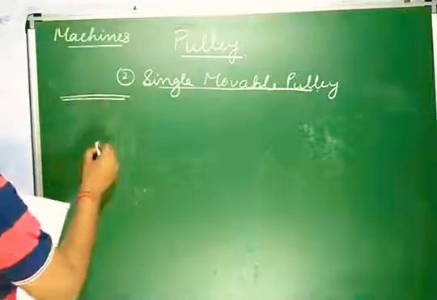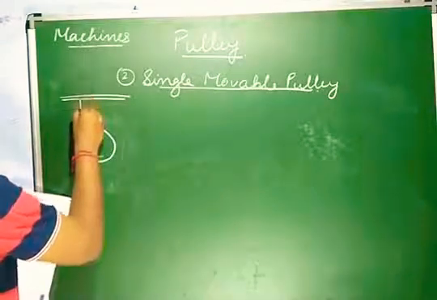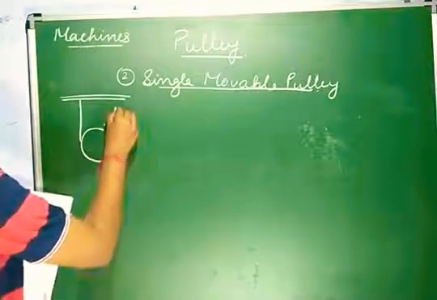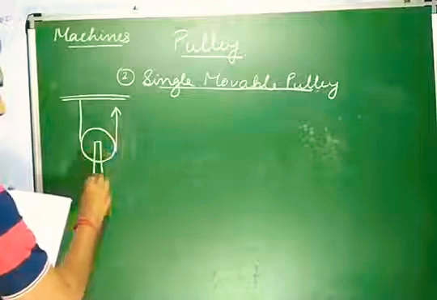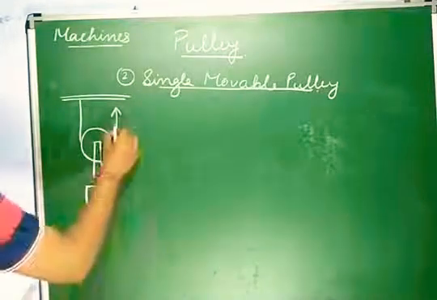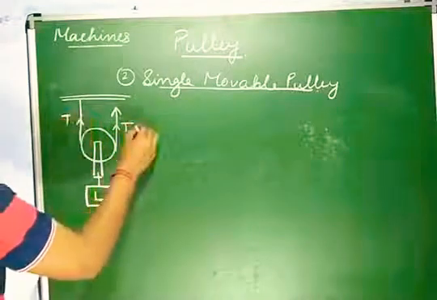It looks somewhat like this. There is a pulley over here which is supported with a string from here, and one more string on this side, and from here the load is hung. This is the tension force and this is the tension force.